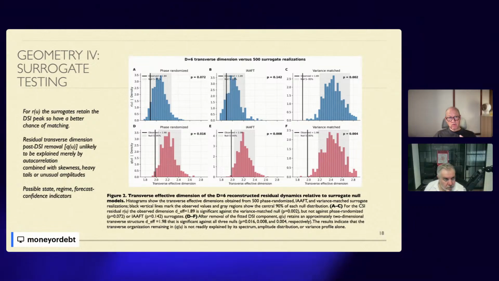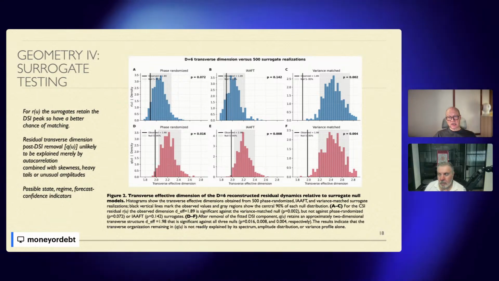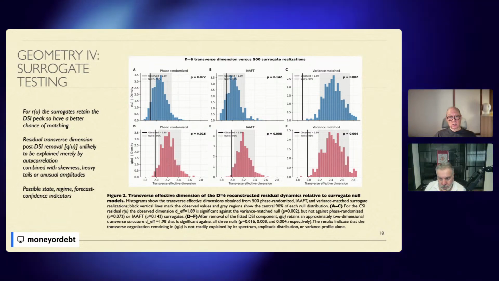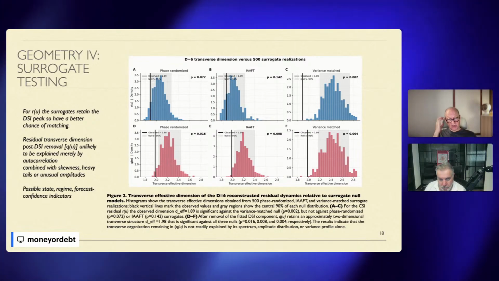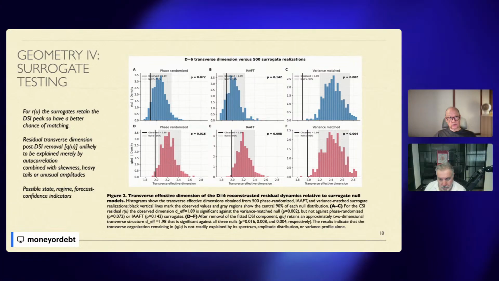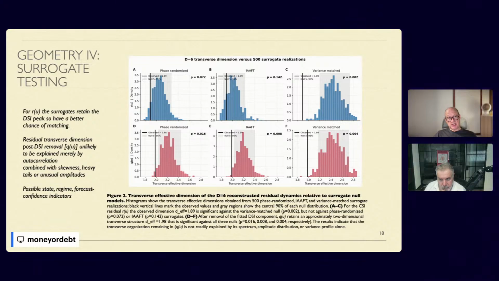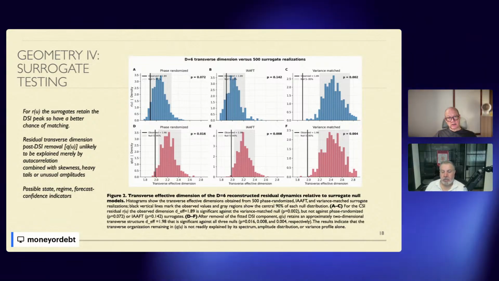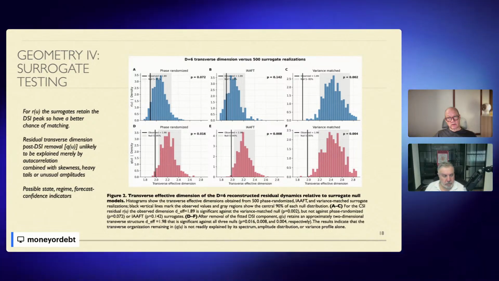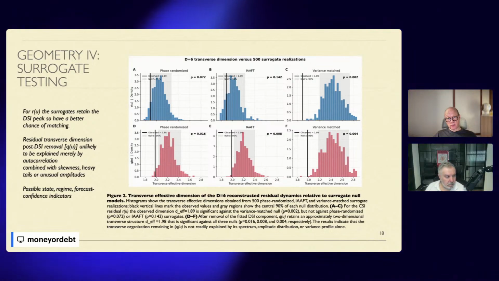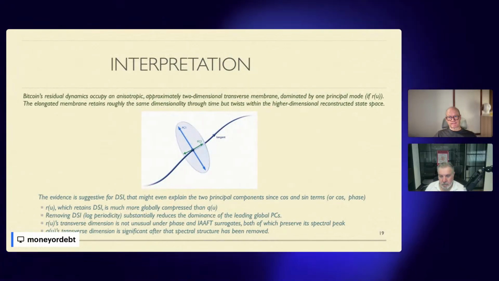But what we can overall say is that after removing DSI, the second order residuals are unlikely to be explained by autocorrelation or skewness or heavy tails or unusual amplitudes. And so that suggests that there may be some ability to find state information or regime information or possibly even forecast confidence.